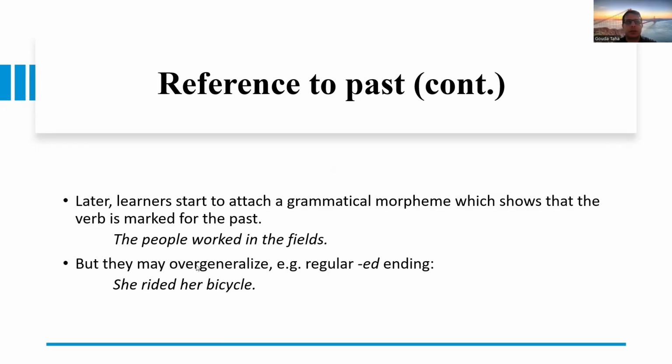However, that might also include some kind of overgeneralization or overextension of a language rule, and you start to attach -ed to all the verbs. So you might hear words like "catched," or you might see "drinked water" or "rided her bicycle."